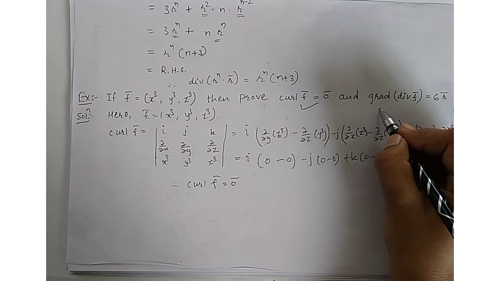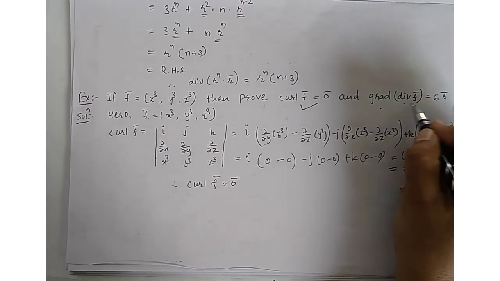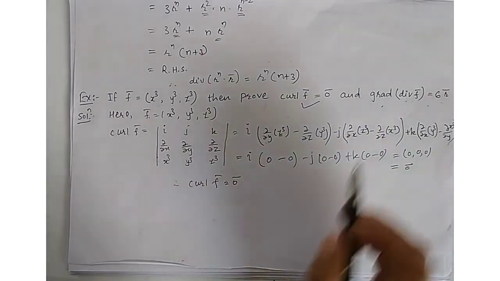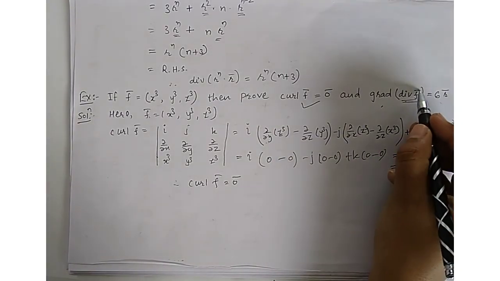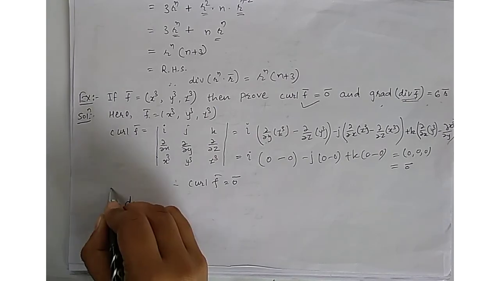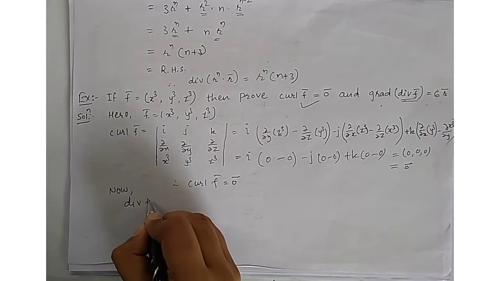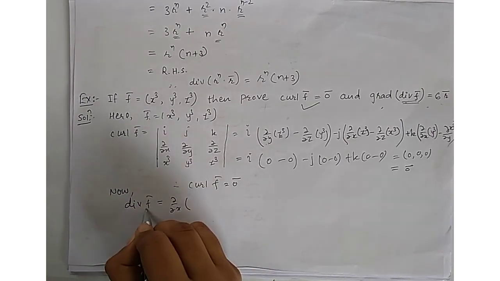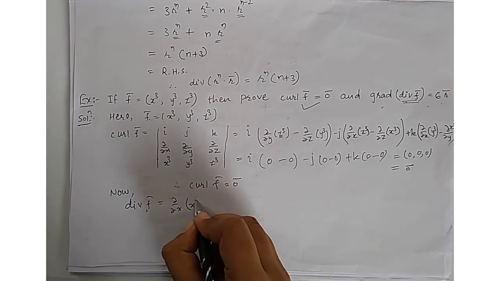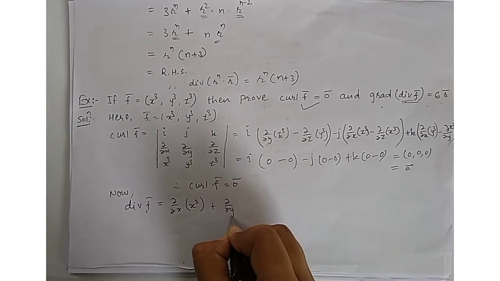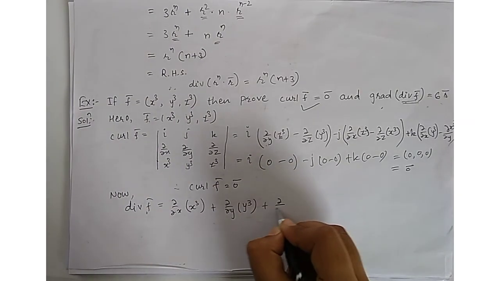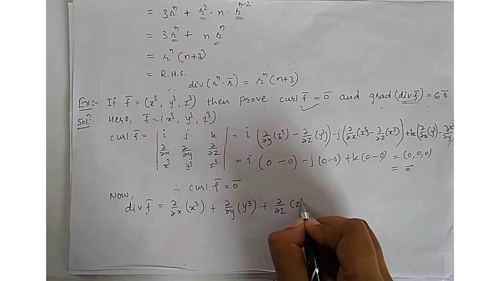Now we are going to prove the second, that is gradient of divergent of f bar is 6 times of my vector r bar. For that, first we are going to find divergent of f bar. So divergent of f bar is equal to del by del x of the first component of f bar, that is x cube, plus del by del y of the second component of this f bar, that is y cube, and plus del by del z of the third component, that is z cube.